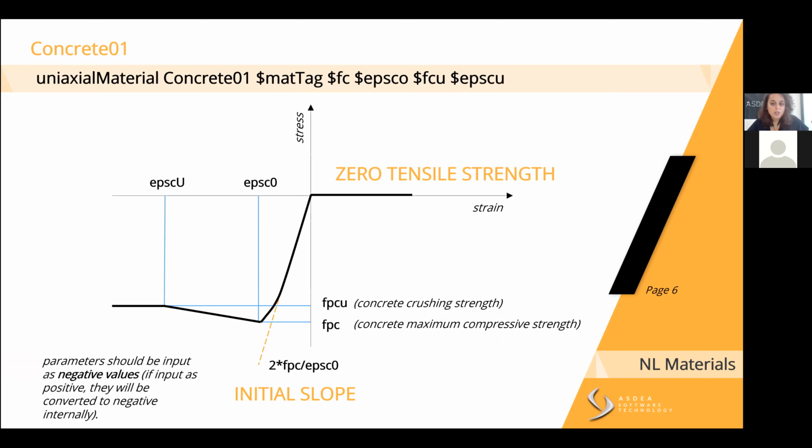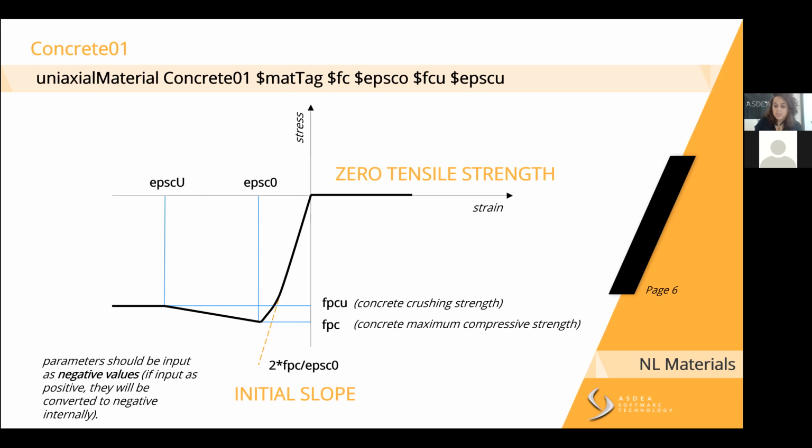So if we're talking about concrete behavior, what we want to model first, of course, is the compressive behavior of concrete. And how do we start? We start with the most basic concrete that is in OpenSees, which is Concrete01. What we can add in comparison to the linear behavior of the elastic material is the concrete maximum compressive strength.